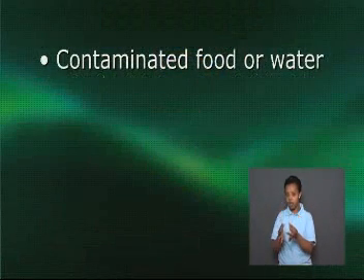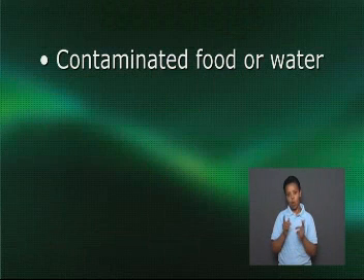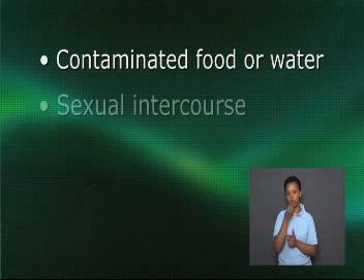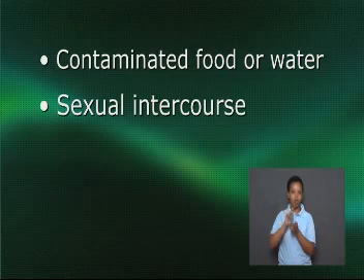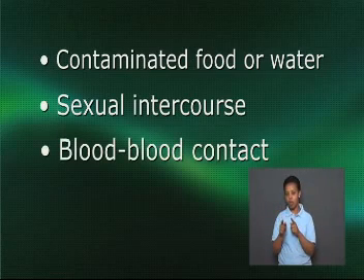People acting as the reservoir of infection are sometimes called the carrier of this disease. Some examples in which diseases can be transmitted are by drinking contaminated water, eating contaminated food, sexual intercourse, or blood-to-blood contact.